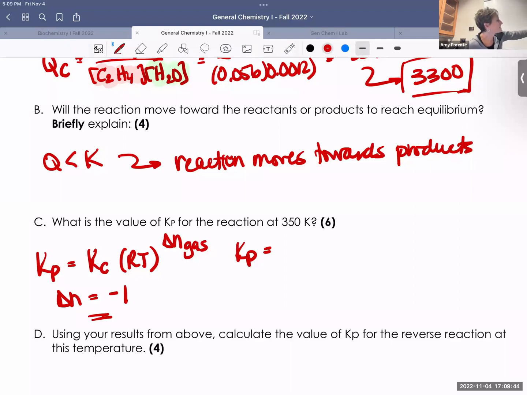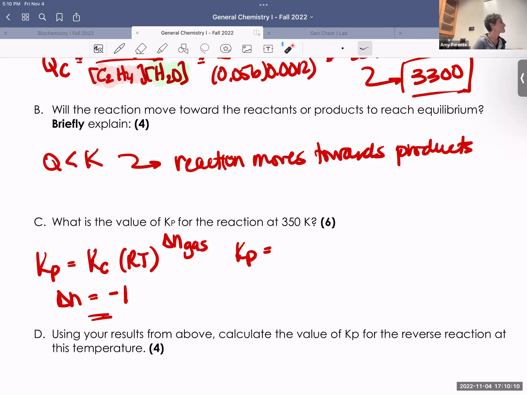Now, if we needed to interconvert Kc and Kp, the only thing that differs is this would be a minus sign that's there. Both equations are going to be provided for you on the front of your exam, but if you needed to go the other direction, you'd actually take the negative of your delta N gas. But if it was the other way, it was Kc, and it was negative delta N gas.